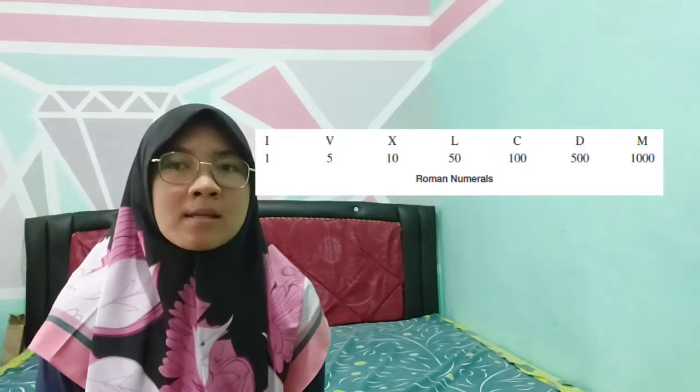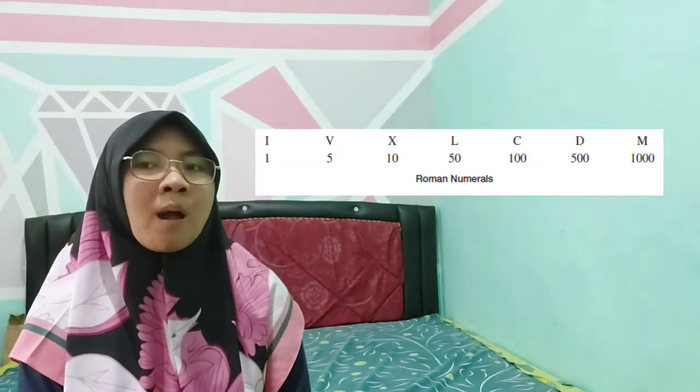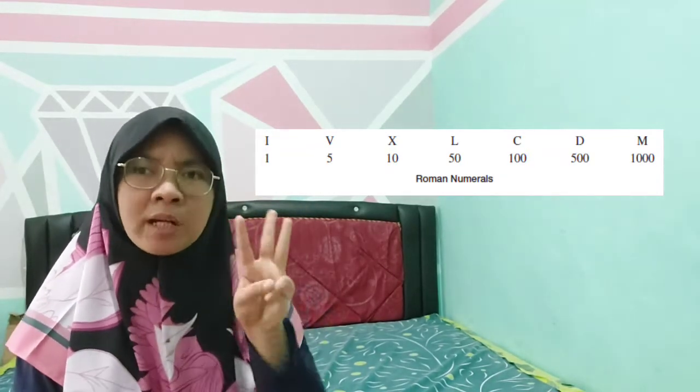For example, this, and this. In the Roman system, writing a number may not use more than 3 of the same symbols in a row. For example, 4 is written like this instead of like this. To write a large number, the line symbol like this is used above the corresponding symbol.